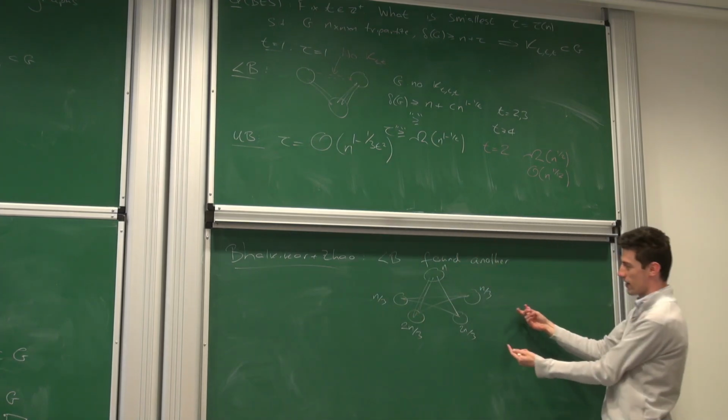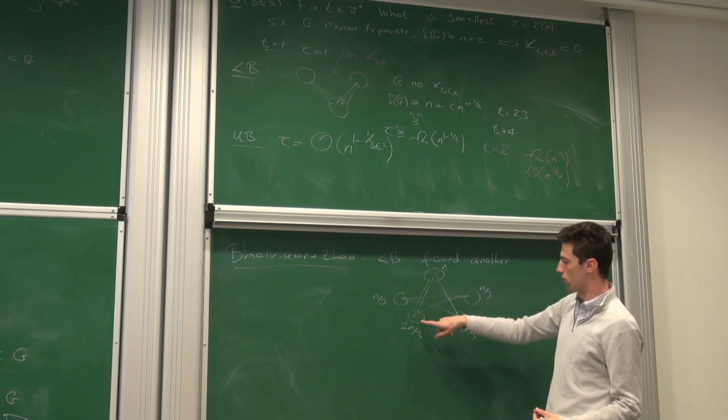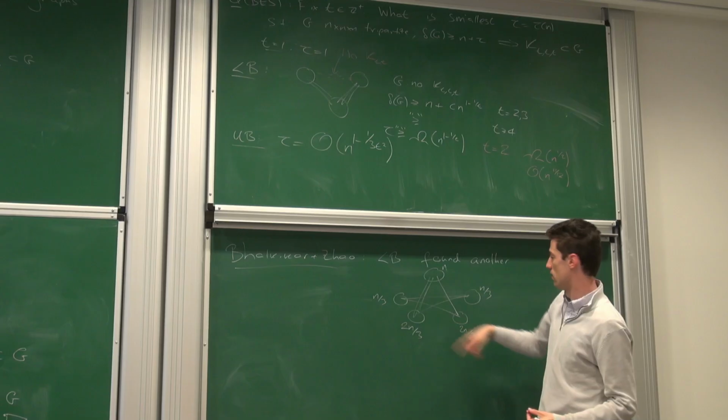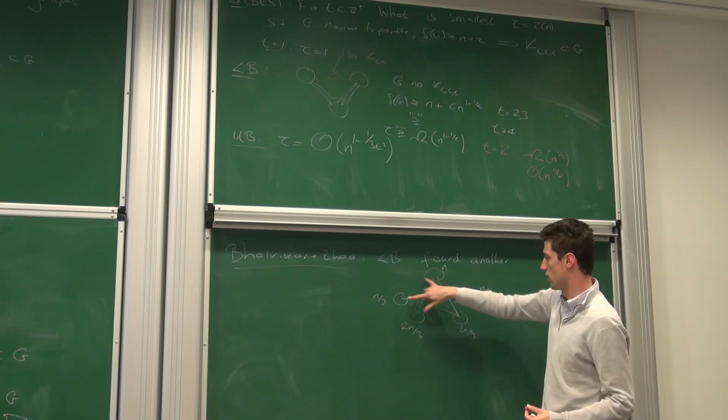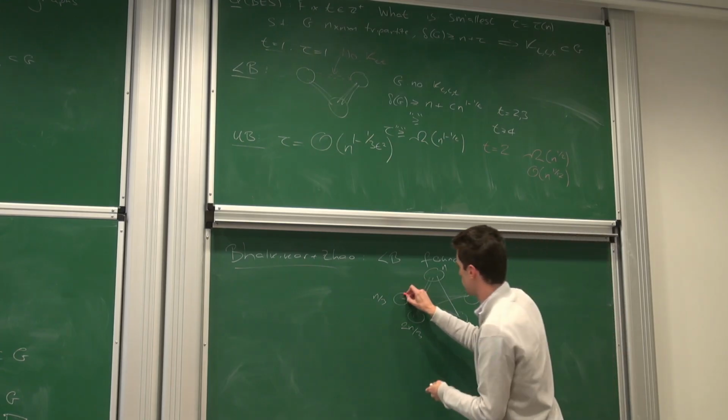So if you look at this right now, every vertex has quite big degree. So vertices in here have degree 4/3 n, so much bigger than n. Similarly, vertices here have a nice big degree. Unfortunately, these guys only have degree n, so we need to add some more edges.